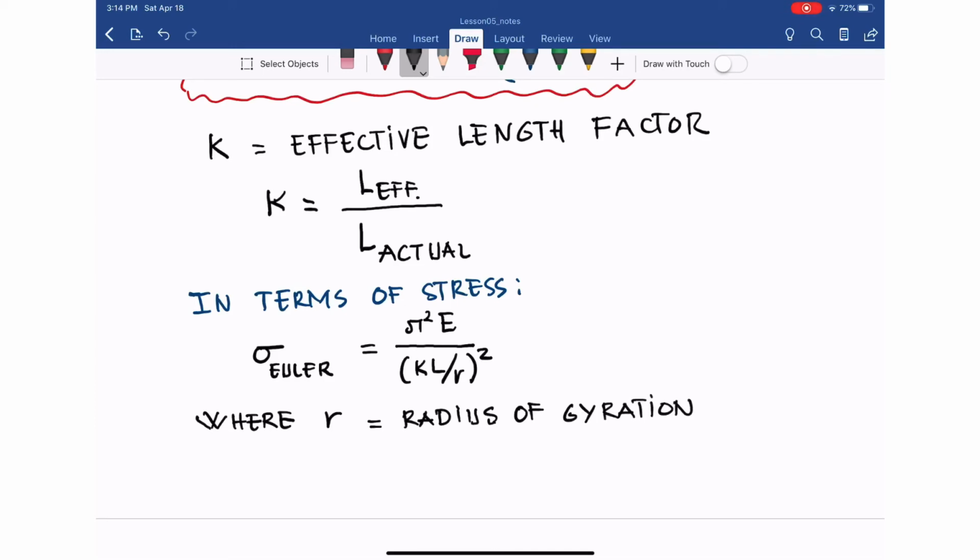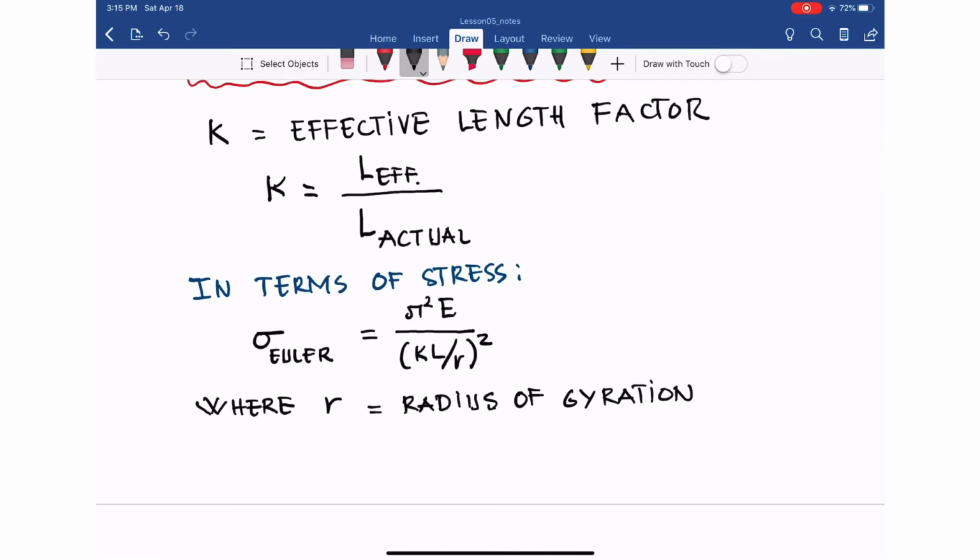If you recall the radius of gyration in kinetics, we called it lowercase k, but because we already use capital K for the effective length factor, in this case we use r for the radius of gyration. It does not mean we only apply this to a column member with a circular cross section; it applies to any shape. This is the radius of gyration, nothing to do with the geometric radius of a cross section.